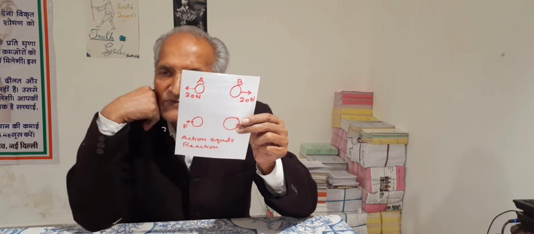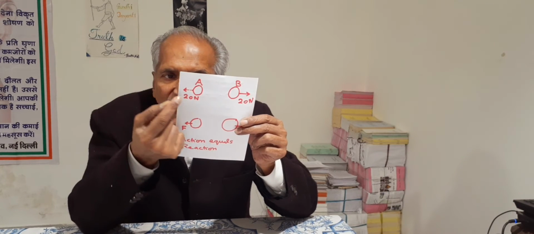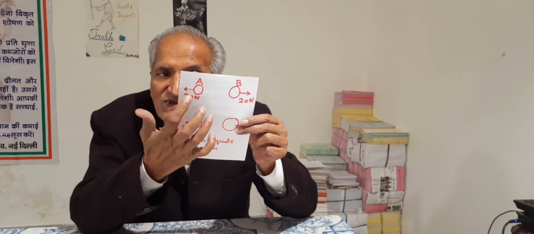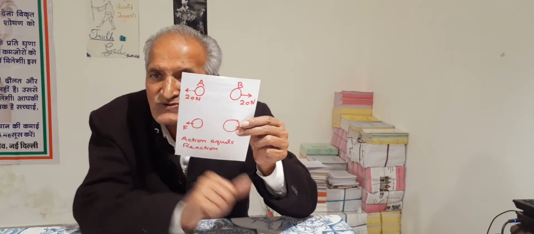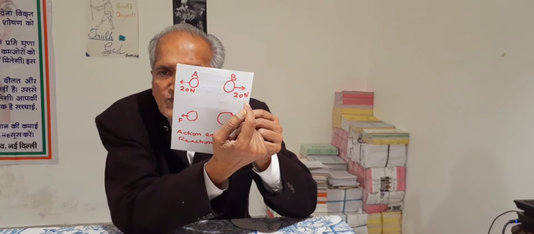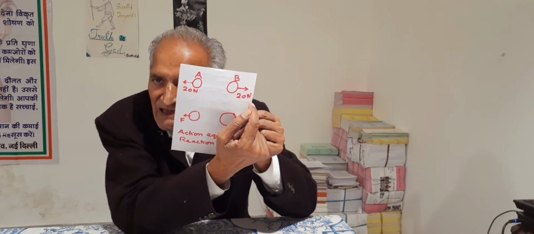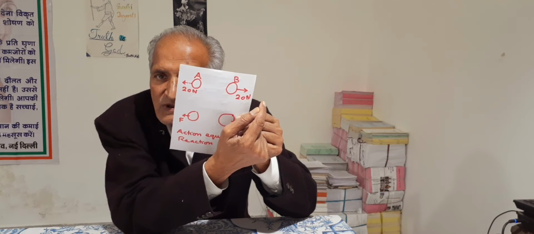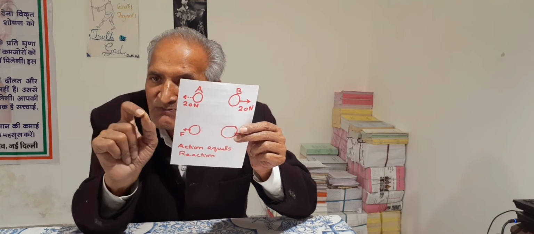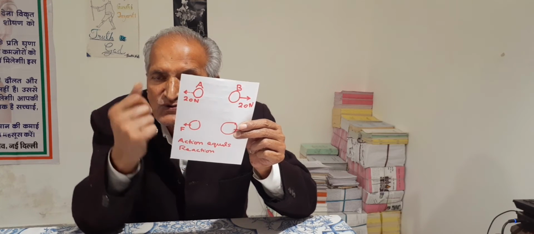And when will it happen? A body acquires a minus 20 momentum in 1 second when it also experiences a force of minus 20 Newton. It means if body B experiences a force due to A of 20 Newton, then body A must also experience at the same time a force of minus 20 Newton.